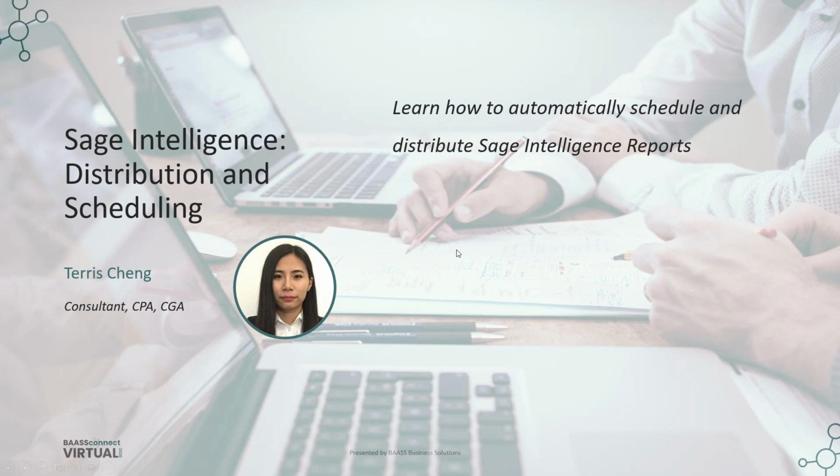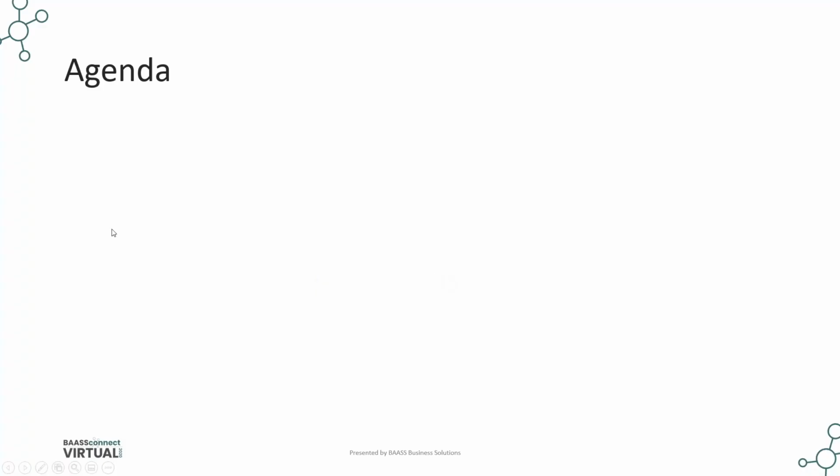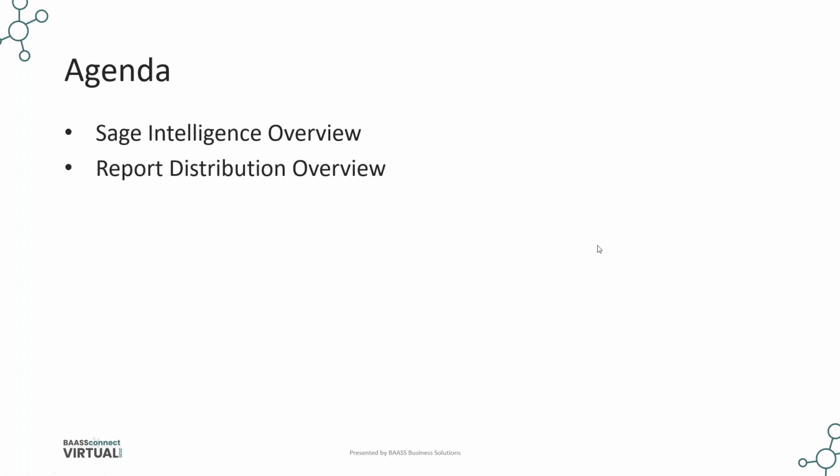So this is our agenda for today. We'll start with an overview on Sage Intelligence, and then we'll give an introduction on report distribution. And then we will take a look at how the distribution process works and give an introduction on scheduling.